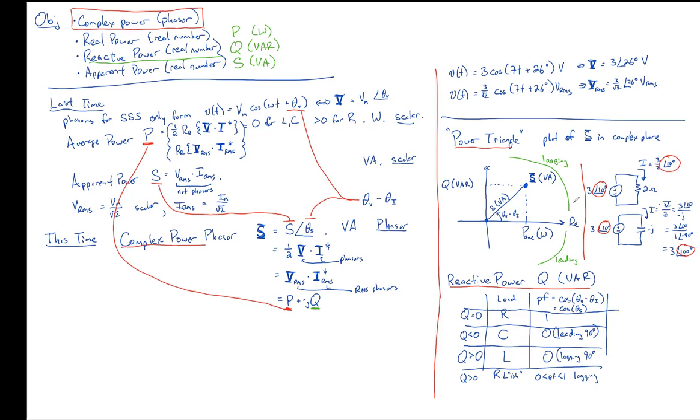Every region up here is like an RL load, and every region down here would be an RC load. Every region up here, your current angle is lagging behind your voltage angle. Every region down here, your current angle is leading in front of your voltage angle.